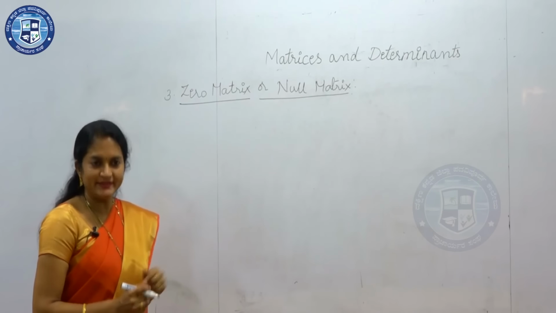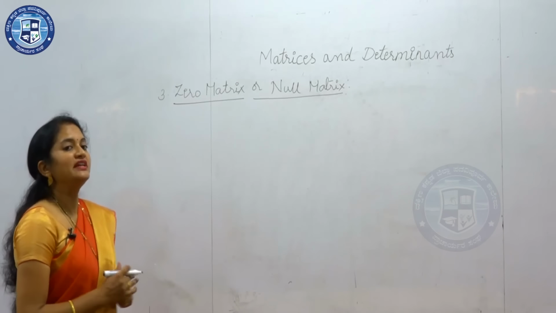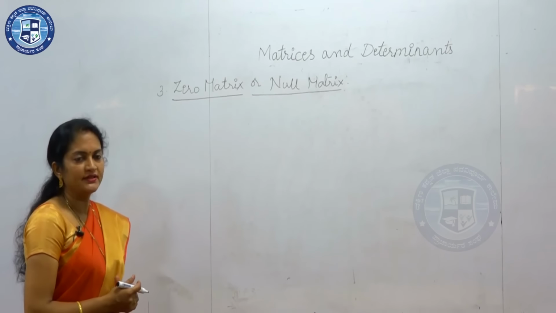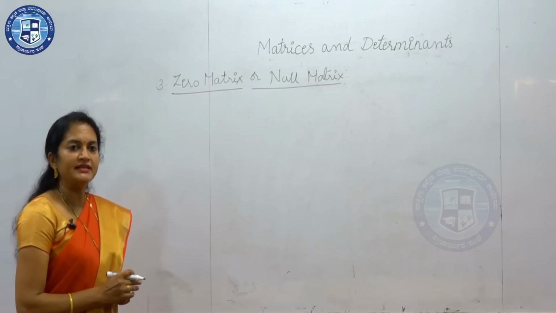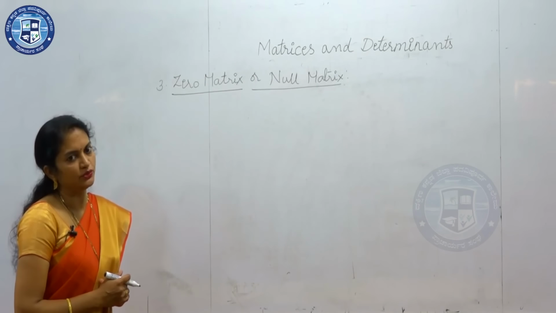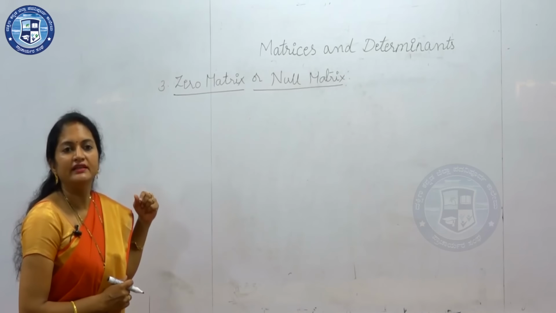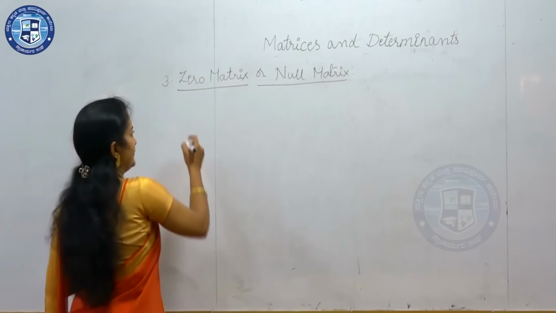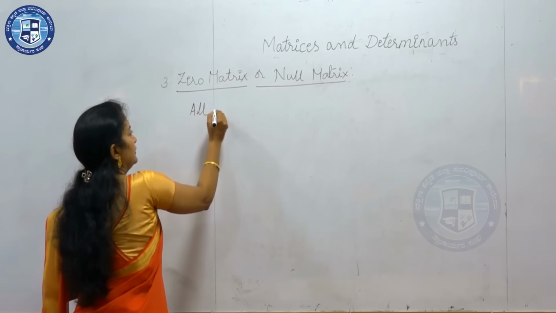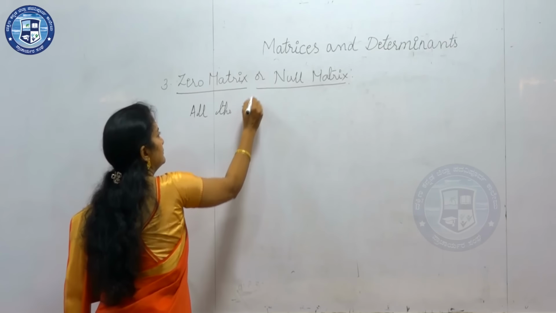Next is zero matrix or null matrix. What is a zero matrix or null matrix? A matrix which has all the elements as zeros. If all the elements of a matrix are zeros, then we say that matrix is a zero matrix.